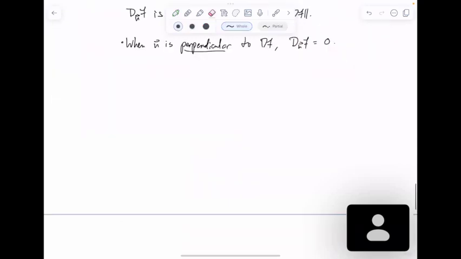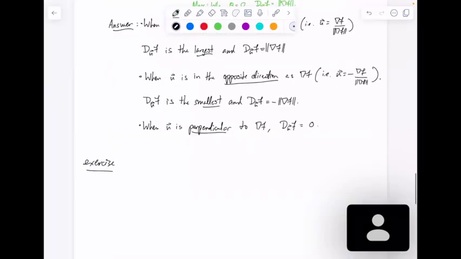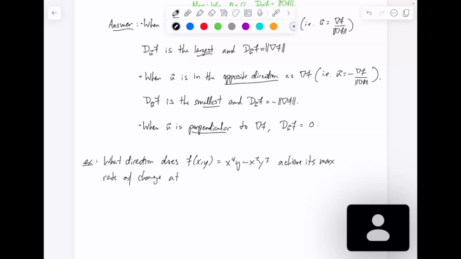All right, guys. Let's do an exercise for you to do at home. Let's find the direction in which f(x, y) = x^4 y - x^2 y^3, a function of two variables, achieves its maximum rate of change at the point (x, y) = (2, -3).